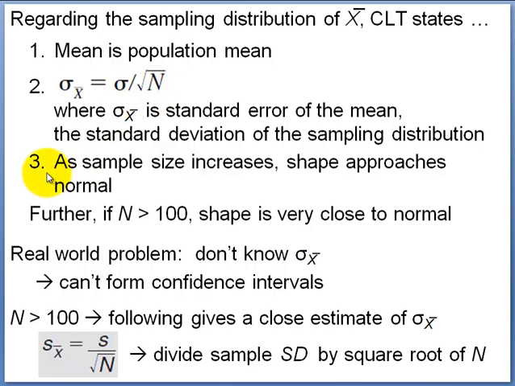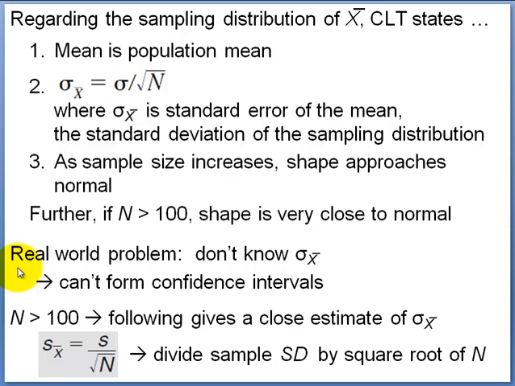Further, it states as sample size increases, the shape of the sampling distribution approaches normality. And we added in Chapter 12 the notation that when n is greater than 100, the shape of the sampling distribution is pragmatically very close to normal, regardless of the shape of the population from which the infinite number of samples of the same size is drawn.